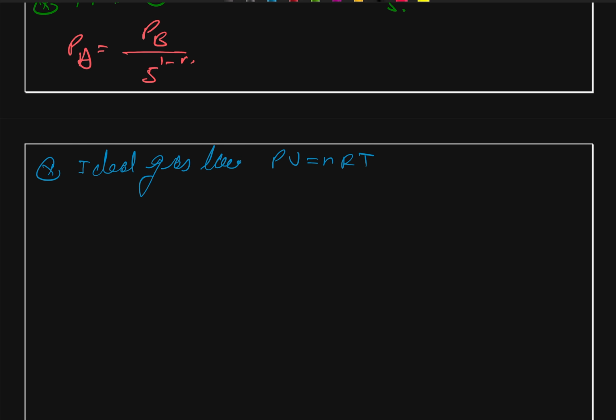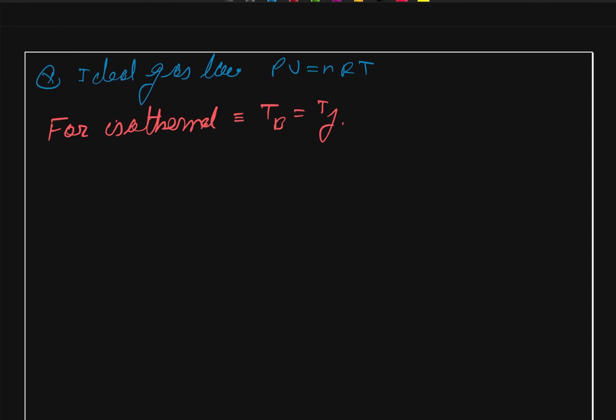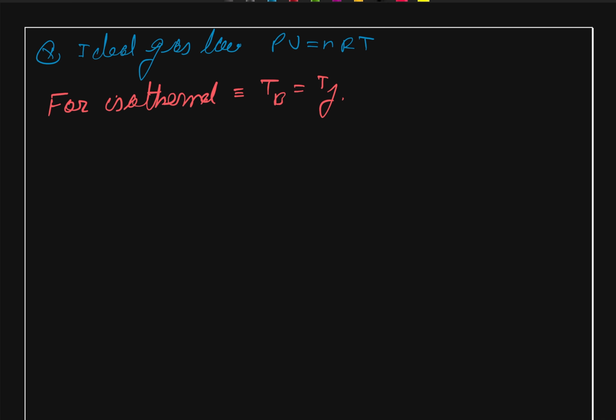And for isothermal, we know temperature at B is nothing but temperature at final F. And for adiabatic, we can write this as our T of A V naught gamma minus 1 is equal to T of F 5 V naught gamma minus 1.